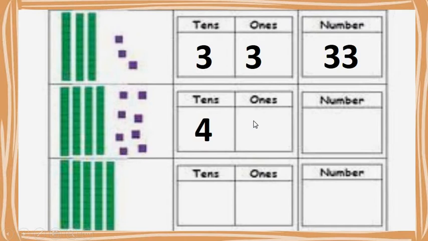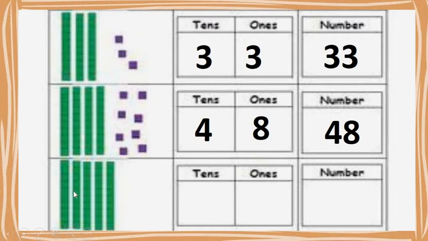So we should write the number 8 in the ones place. After arranging these numbers in the columns of tens and ones, we can say that this forms the number 48. In the other way, we can say that 48 is equal to 4 tens and 8 ones.